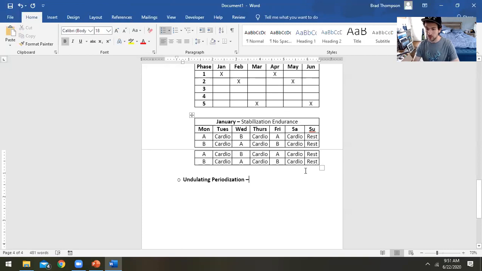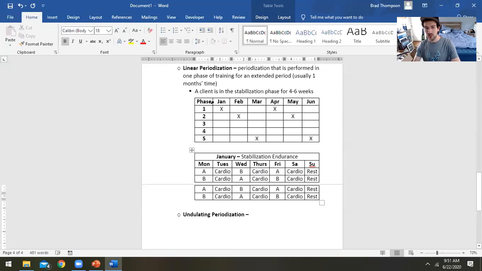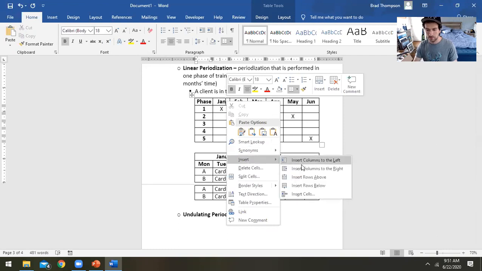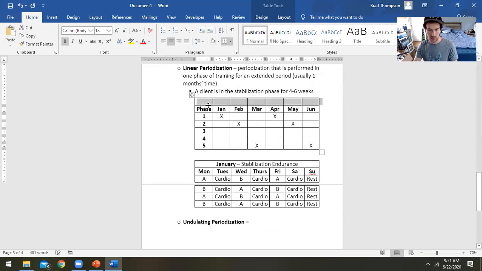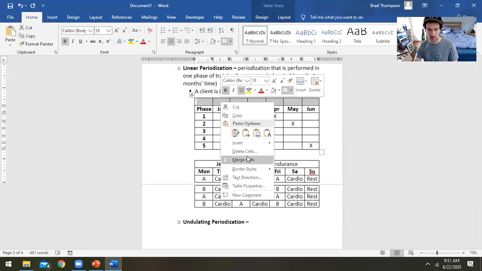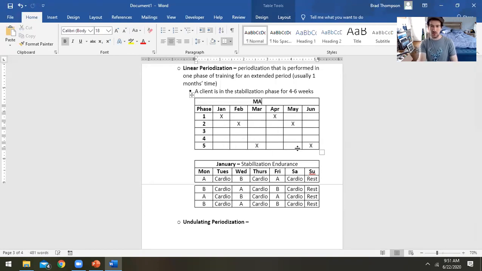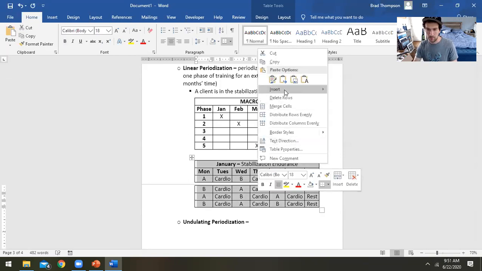I need to do a quick little microcycle here. So there's your mesocycle for the month, right? Here's our macrocycle. And actually, we'll even label that. Let's put a row above. We'll merge cells. So we'll say this is our macrocycle. And then here's our mesocycle.